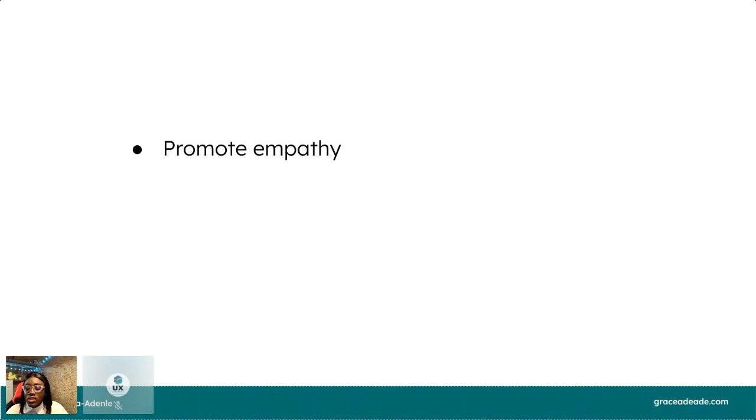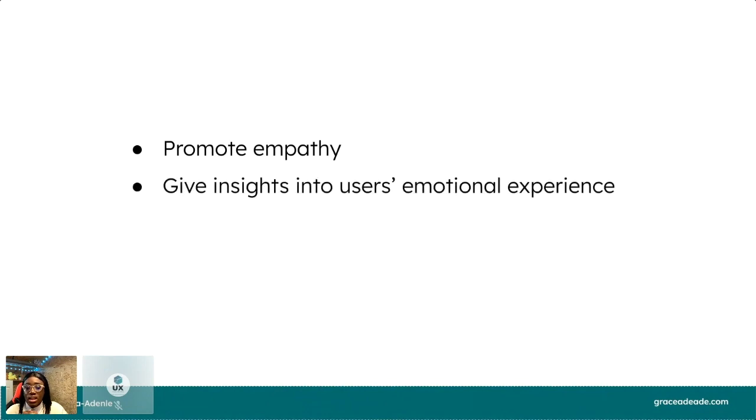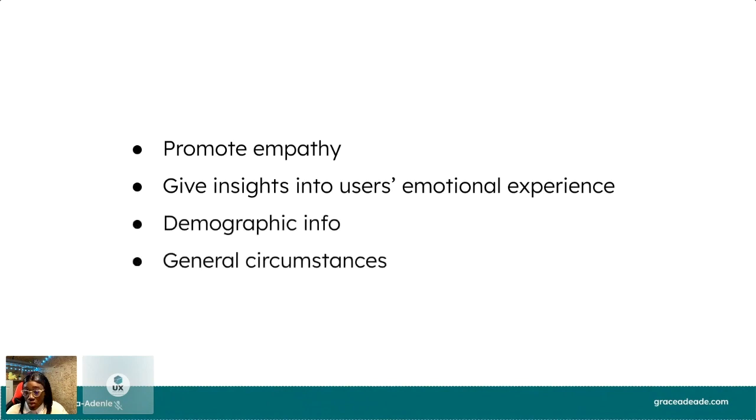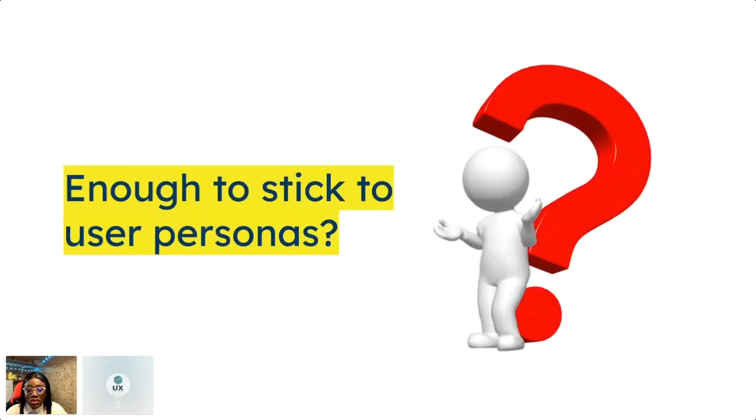So I am not saying it doesn't have its place. It also gives insights into users' emotional experience, and then demographic info, of course, general circumstances. So those are some things that user persona helps us as designers to do. It gives us insights into these things when it comes to the user's point of view.